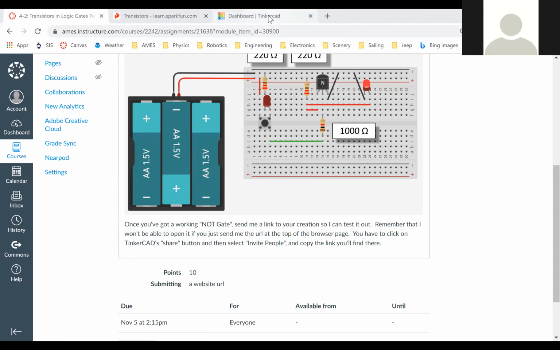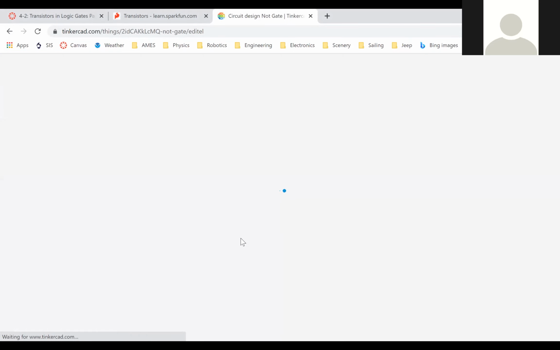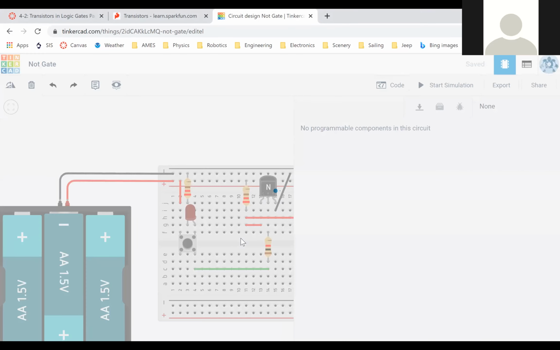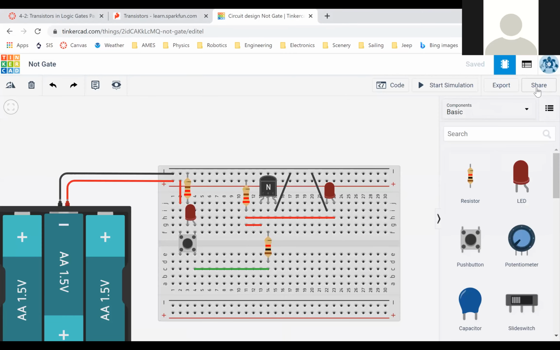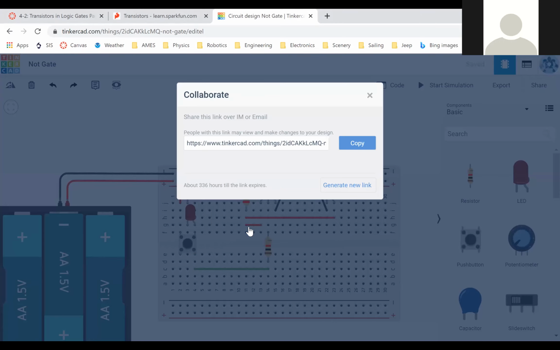In order for you to share your creations with me, you have to go to the share button in the upper right. Sorry it takes so long here. You have to go to the share button and then do the invite people option, and then bingo, there it is. That's the one that I need.